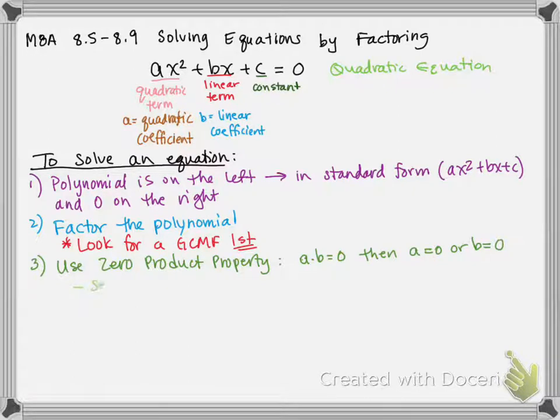So what are we going to physically do? We're going to set each factor equal to 0, then solve. Because we are going to get more than one answer, we're going to write our answer in a special way: solution set notation.